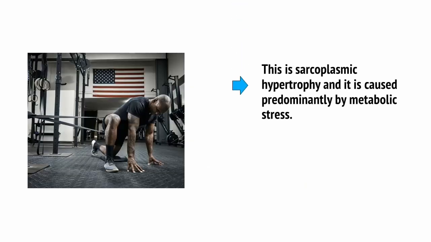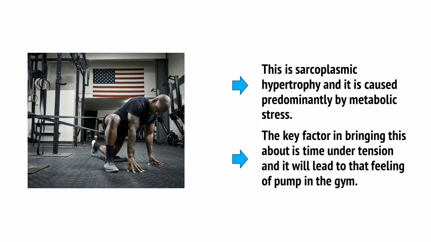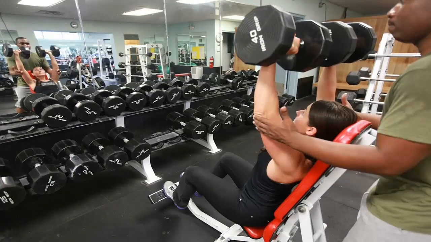So this is sarcoplasmic hypertrophy, and it's caused predominantly by metabolic stress. The key factor in bringing about this is time under tension, and it will lead to that feeling of pump in the gym. Both types are useful, and when you combine both forms of training, you can build more size and power. As a general rule, bodybuilders tend to train more with sarcoplasmic methods, whereas powerlifters use more myofibrillar approaches.